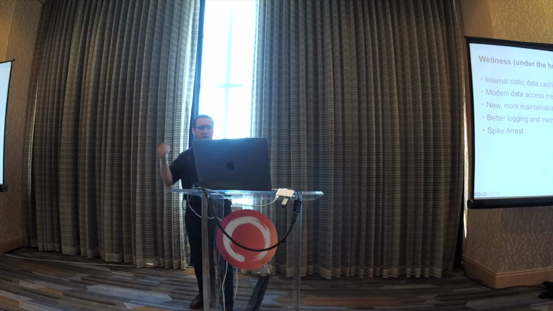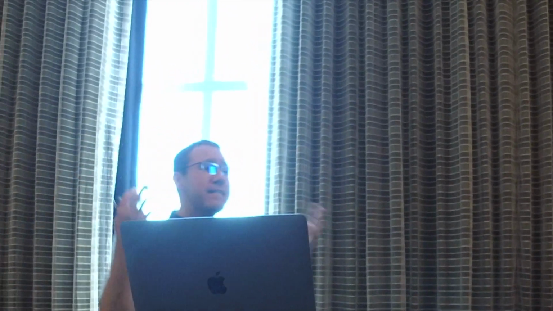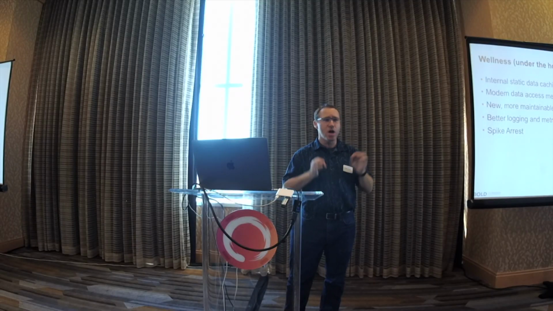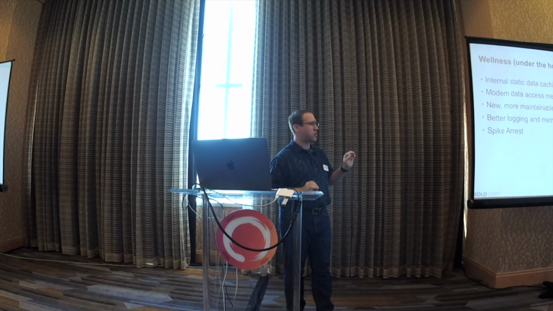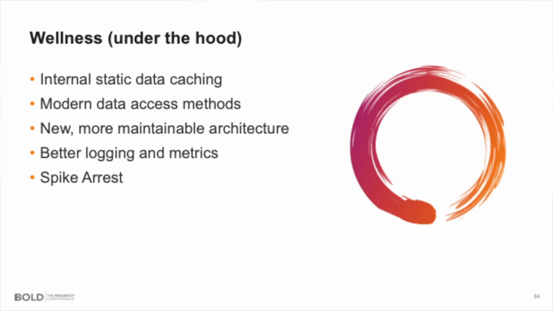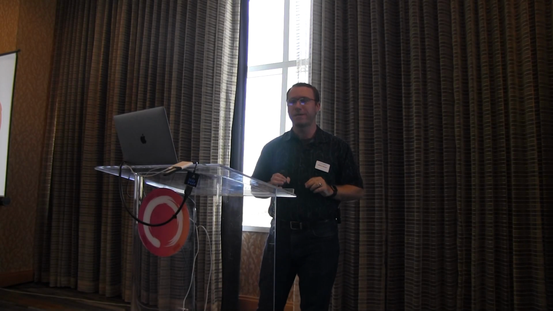Not only do they want to look good, they want to be healthy and well mentally. Right? So we want the same thing out of our API. Not only do we want it to look good, but we want it to be healthy under the hood, reliable and accurate. And we also want our developers and us to stay mentally sane too when working on it, right? So we're going to do some of these things to make sure we have a well API.